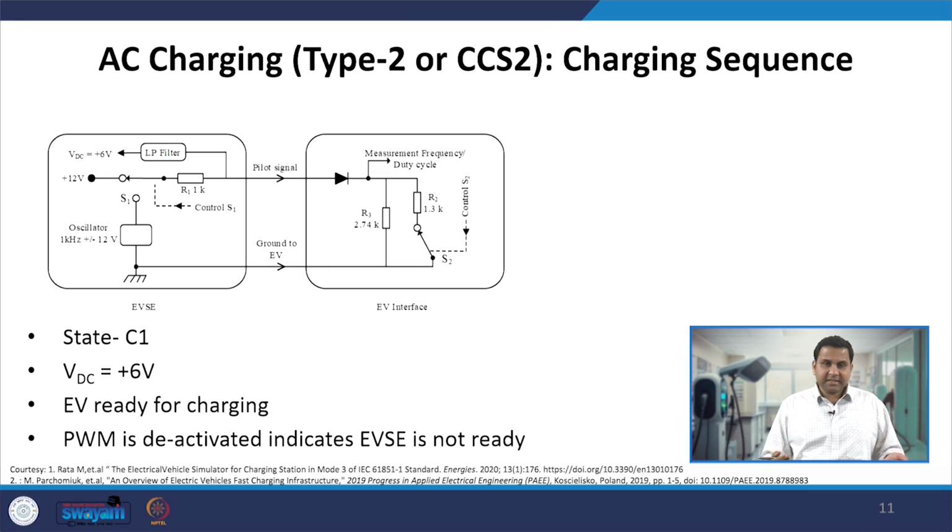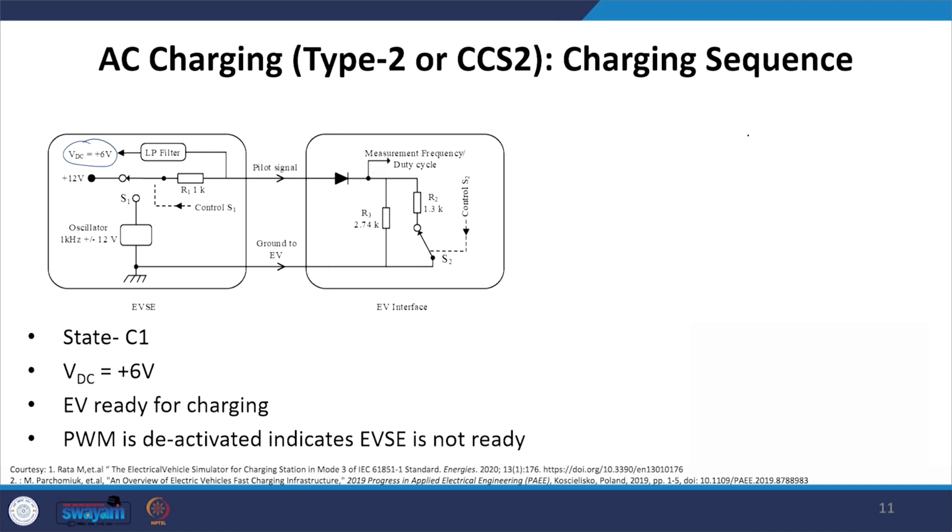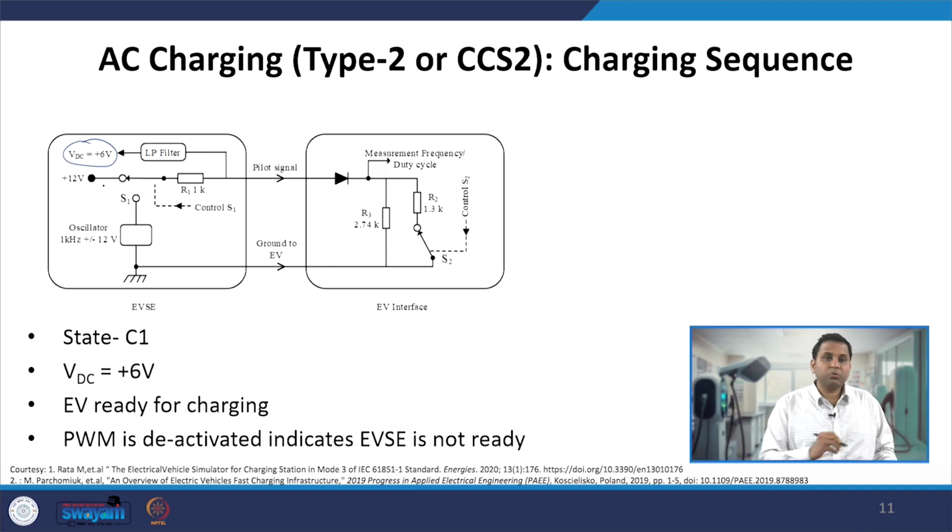So C1 is the state where the EV is ready for charging, that means the plus 6 volt is coming over here, in the same manner as we have discussed, from the PWM. However, in this case what happens is that the EVSE could have got some failure or error, and because of that its PWM gets deactivated and it connects its S1 switch to plus 12 volt.